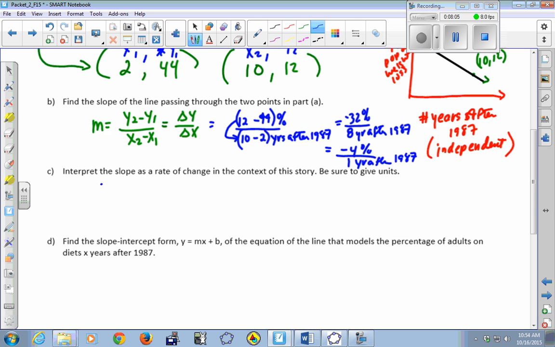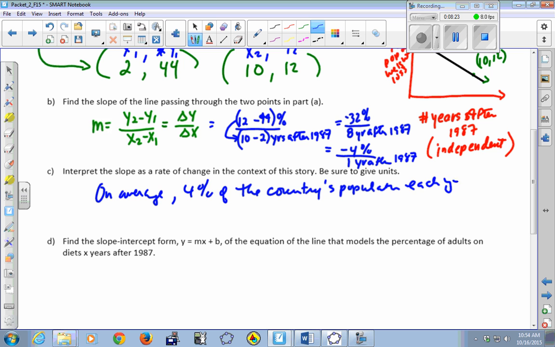On average, 4% of the population each year drops off the band. Okay, 4% of the country's population, 4% of each year. The only thing I'm going to add to that, Josh, is each year after 1987 drops off the bandwagon. All right.